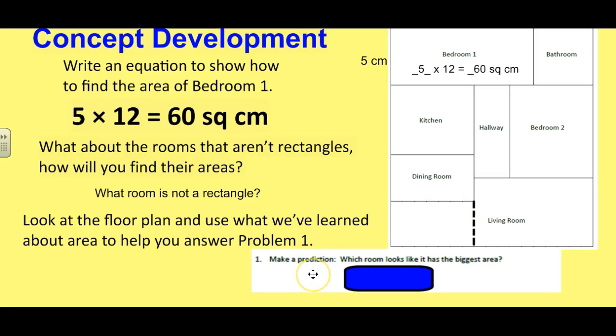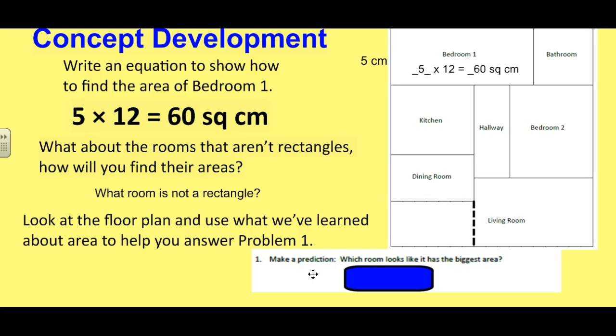Okay, you're going to work on question 1 of your problem set. On the front side of your problem set, it says make a prediction. Which room looks like it has the biggest area? So out of bedroom 1, bedroom 2, the bathroom, the kitchen, the dining room, the hallway, and the living room, which room do you think is going to have the biggest area?